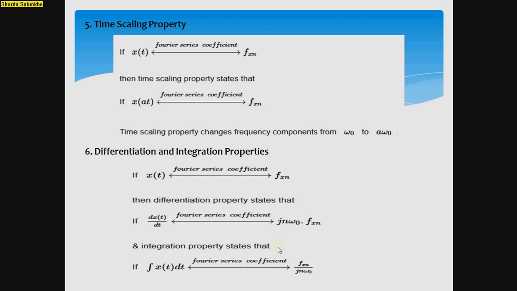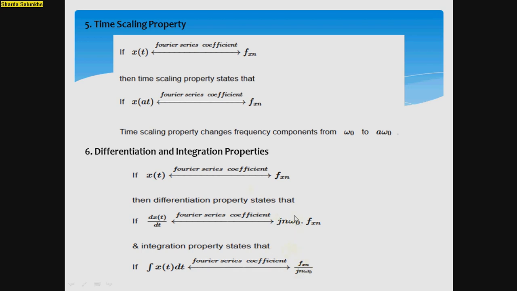Differentiation and integration properties. If x(t) has coefficient X[n], then the differentiation property states that the Fourier series coefficient of the derivative dx(t)/dt is j n omega 0 times X[n]. And the integration property states that the integral of x(t) dt has coefficient X[n] divided by j n omega 0.